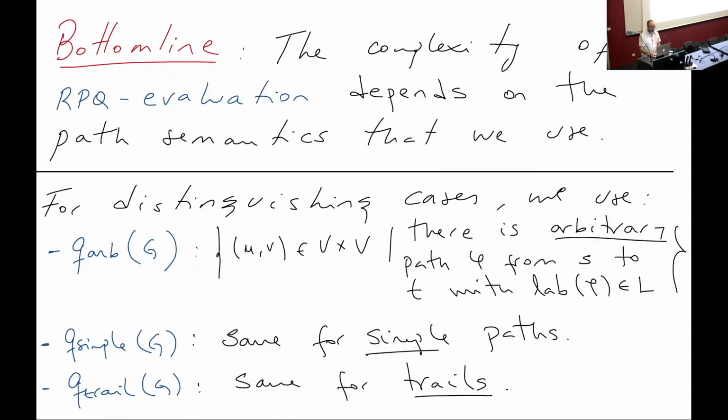So in order to distinguish the cases, we will talk about Q arbitrary of G, Q simple of G, Q trail of G, depending on whether we are outputting pairs of nodes linked by an arbitrary path that satisfies L, by a simple path that satisfies L, or by a trail that satisfies L.